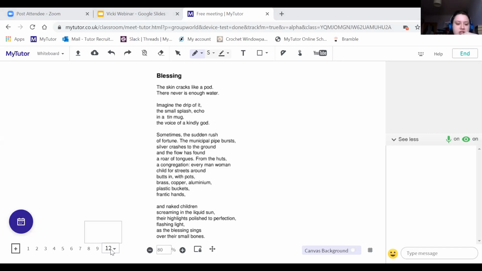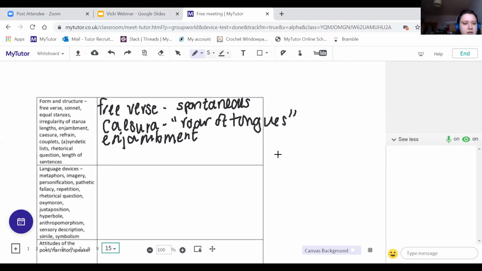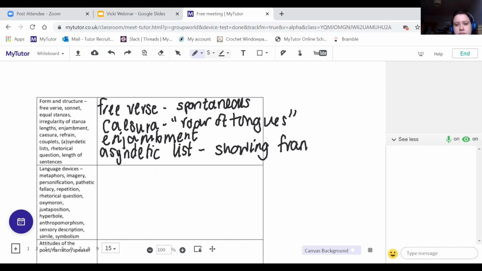Absolutely gorgeous. Yeah, brilliant. So we've got an asyndetic list. Now, our syndetic list is aluminium, brass, copper. So the list of the things that they are collecting the water in. So again, showing franticness essentially. Beautiful.